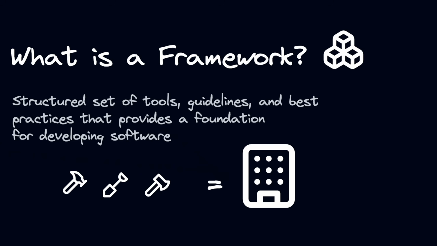A framework is a structured set of tools, guidelines, and best practices that provides a foundation for developing software. What do I mean by this? Let's keep in mind that a library is just a very low-level tool that we can use to create something, right? For example, a website, we can use React.